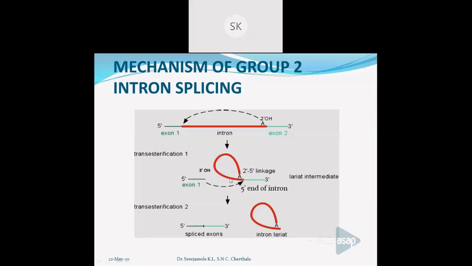After the formation of the lariat-like structure, the 3' OH of this exon will react with the 5' end of exon 2, resulting in breakage at this point and releasing the lariat-like structure. Exon 1 and exon 2 will be joined together by RNA ligase. So this is the mechanism of group 1 and group 2 intron splicing.